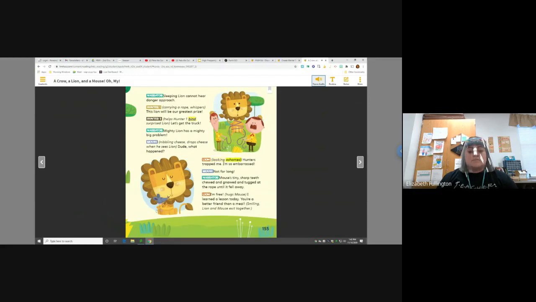Lion, looking ashamed. "Hunters trapped me. I'm so embarrassed." Mouse. Not for long. Narrator. Mouse's tiny sharp teeth chewed and gnawed and tugged at the rope until it fell away. Lion. "I'm free." Hugs Mouse. "I learned a lesson today. You're a better friend than a meal." Smiling, Lion and Mouse exit together.